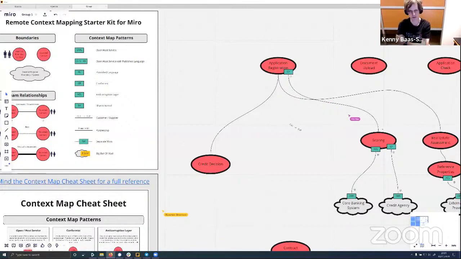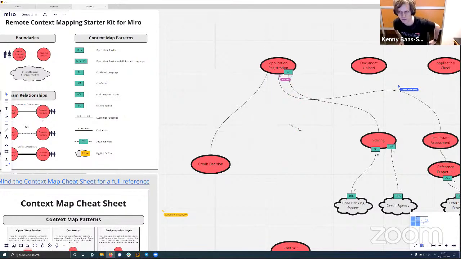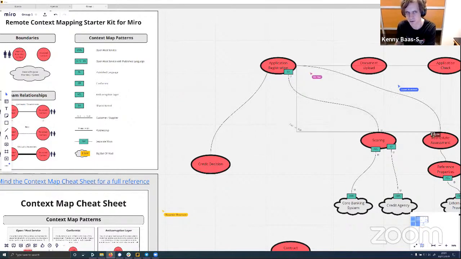That's a customer supplier. If the application registration has nothing to say to scoring, that means it's a conformist relationship. And there's a difference between what it is now and what you want it to be. But I think you talk about what it is now.